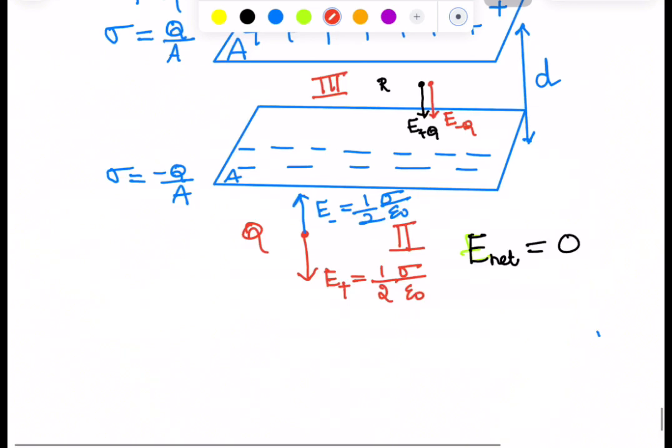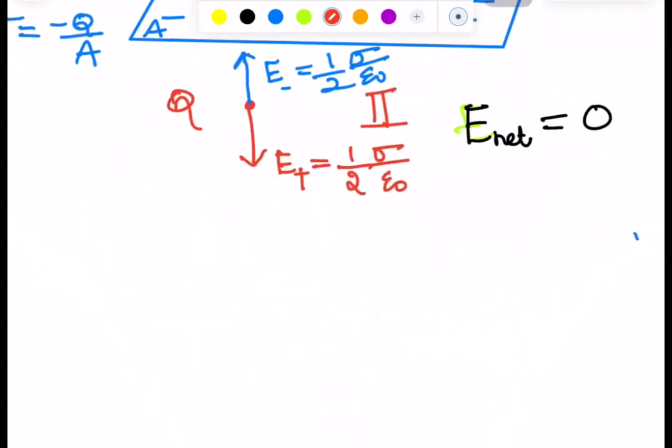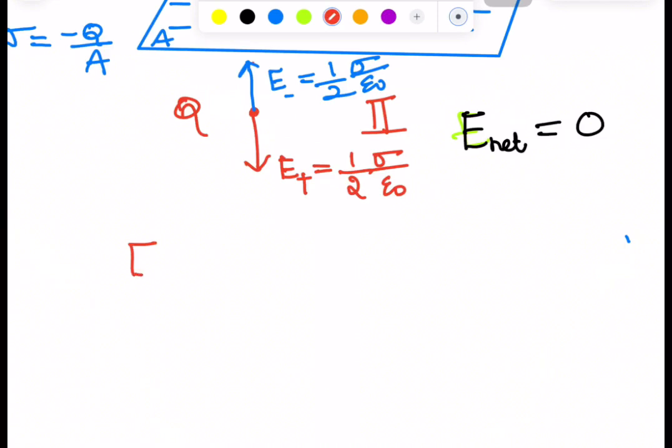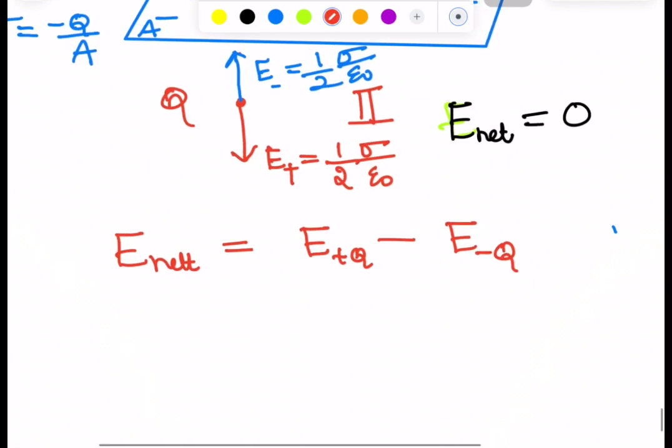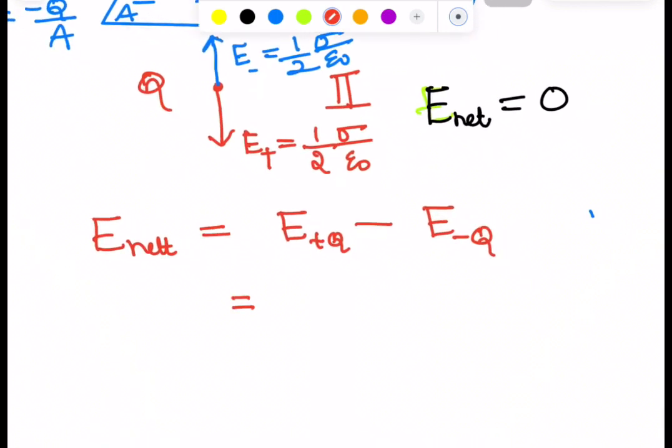The net electric field between the plates is E due to the plus charge plus E due to the minus charged plate, which is half of sigma by epsilon naught plus half of sigma by epsilon naught.